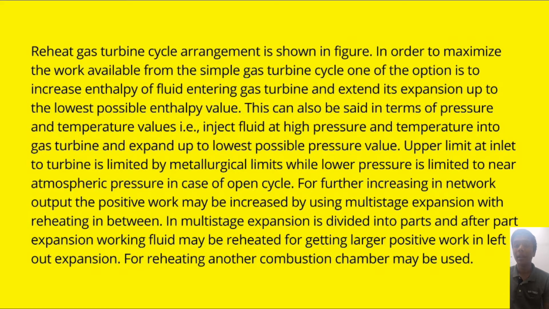The upper limit at inlet to turbine is limited by metallurgical limits, while the lower pressure is limited to near atmospheric pressure in case of open cycle. For further increasing the network output, the positive work may be increased by using multi-stage expansion with reheating in between.